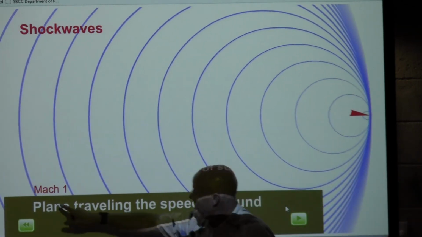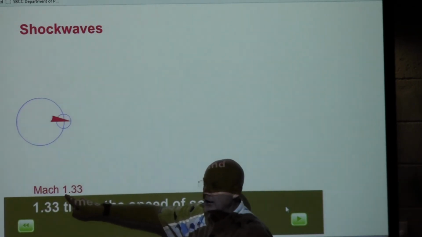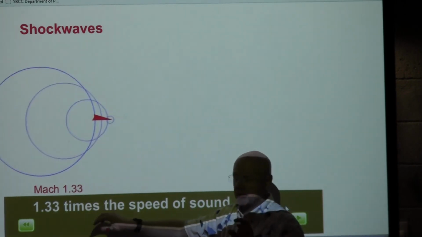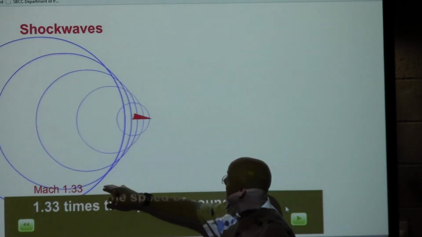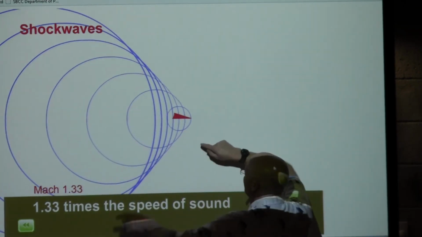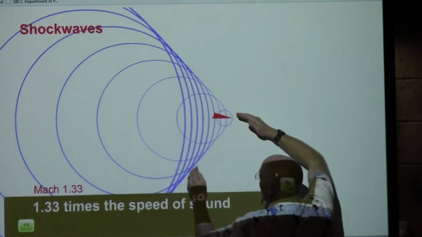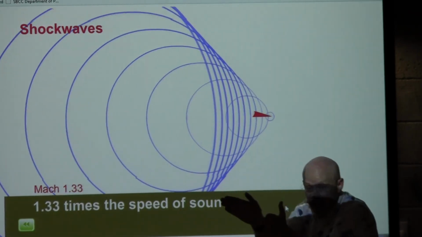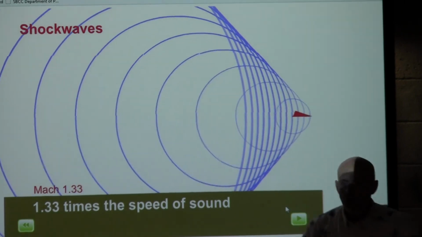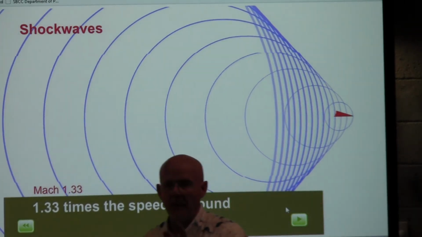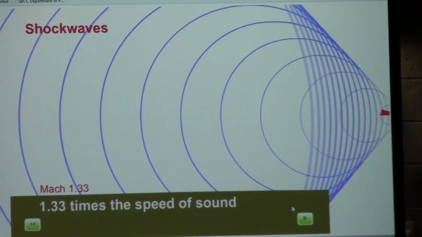You see it best here. The next one is Mach 1 1/3. That is 1 1/3 times the speed of sound. See how the V begins to be created? You probably have seen this best with a boat. You ever seen a wake behind a boat?